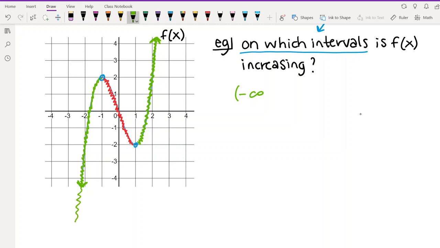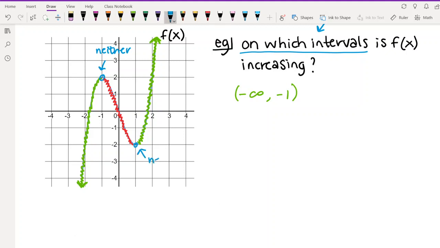If you were to keep going, the graph still has the shape of increasing all the way up until -1. And so we say -infinity to -1. And now notice that I didn't include -1. Again, that's because at -1, we have a turning point. At -1, it's neither increasing nor decreasing.